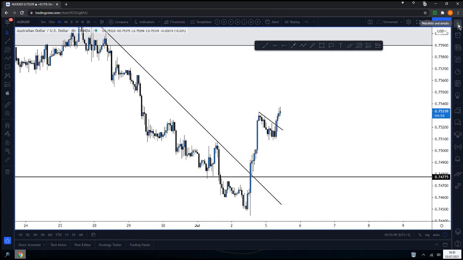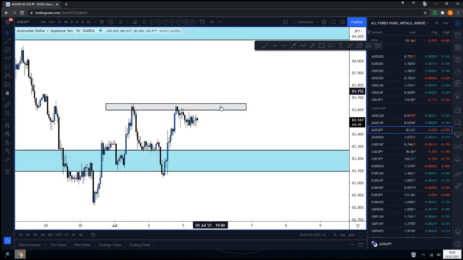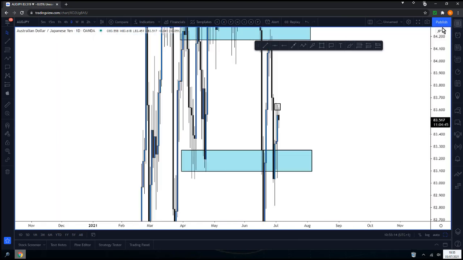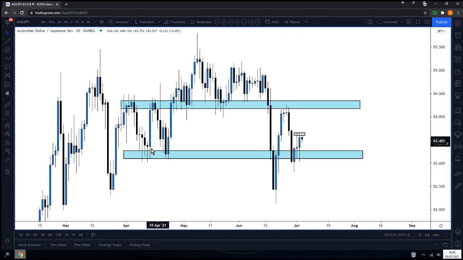Aussie yen looking similar to Aussie dollar. If I just show you what I've got here, we've got our support. Look, came into support again, false break.